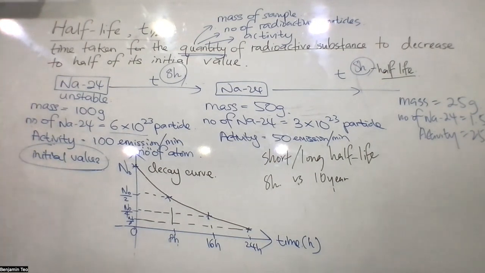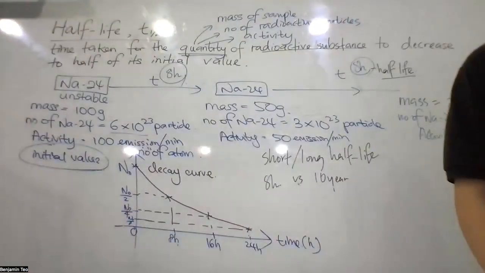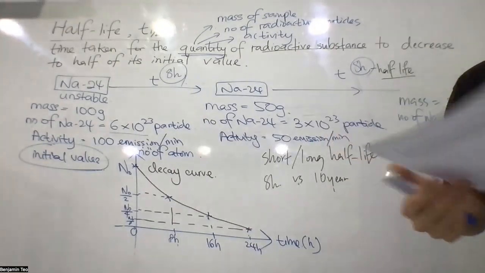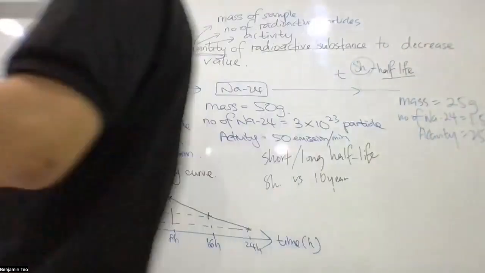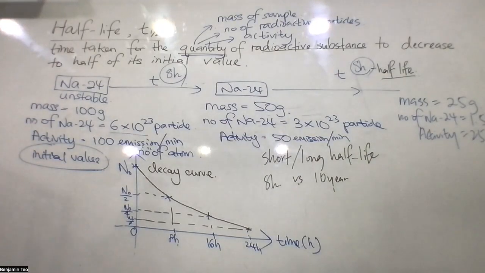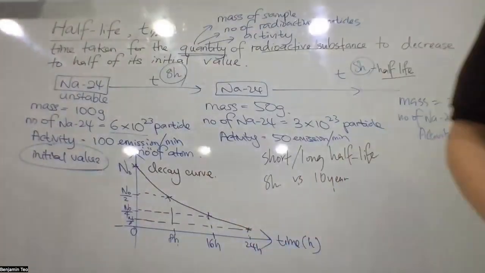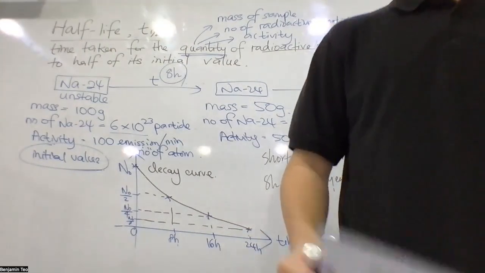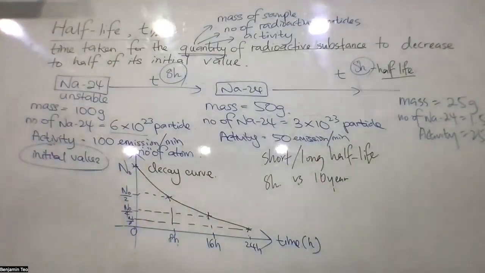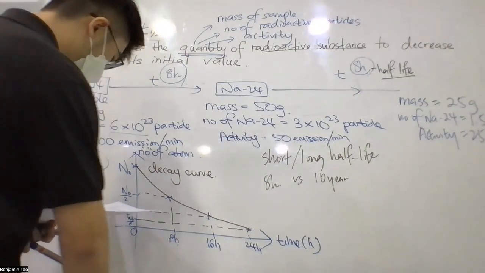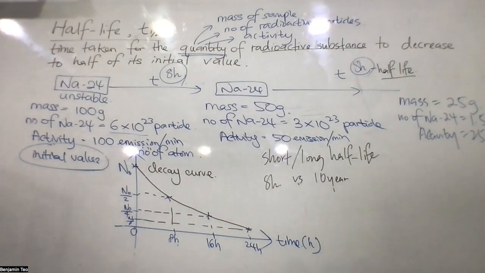Okay, what else? Now, this part is mainly calculation. The examples are all here. We will try out the exercise here. I'll show you one example of how to calculate, and then you do the rest. Now look at the first question. A radioisotope, a radioactive isotope, is unstable and has a half-life of 8 hours.